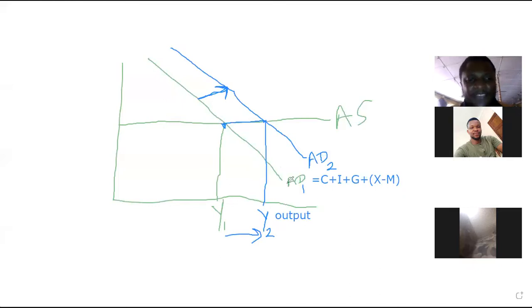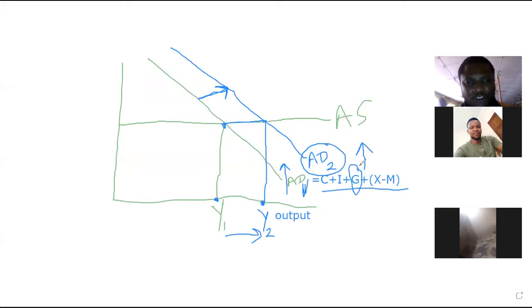How? Remember, if aggregate demand is equal to C plus I plus G plus X minus M, if you increase G, that means AD1 will also increase. And that's why you now have a new aggregate demand called AD2. And that's why output will now increase from this point to this point.